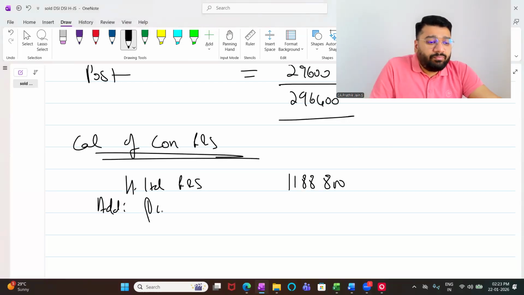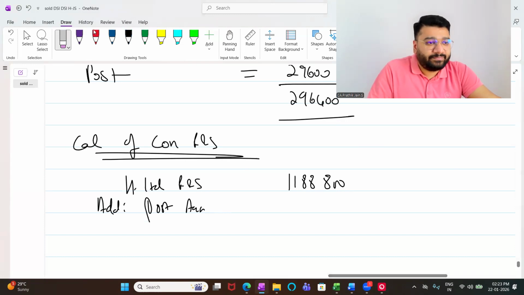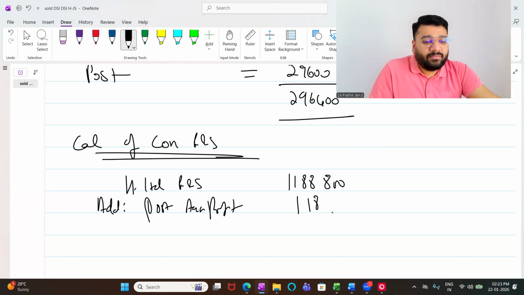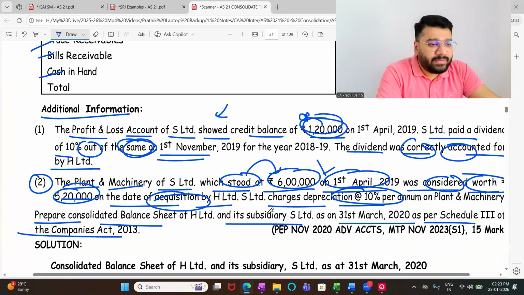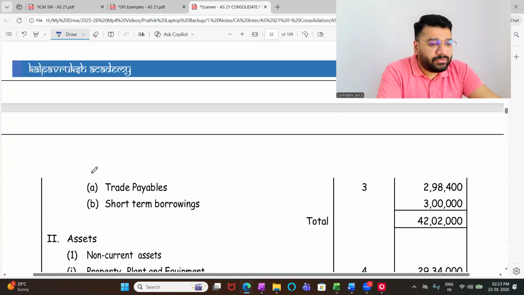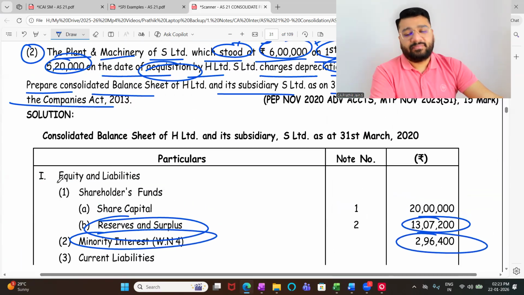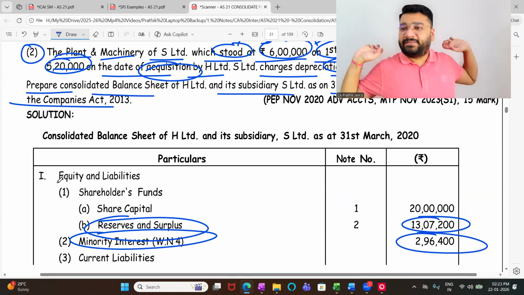Add post-acquisition profit, 1,18,400. Total 13,07,200. Is reserve and surplus matching or not matching? 13,07,200. Goodwill, how much? 1,60,000. Perfect. If this is correct, then everything is correct.